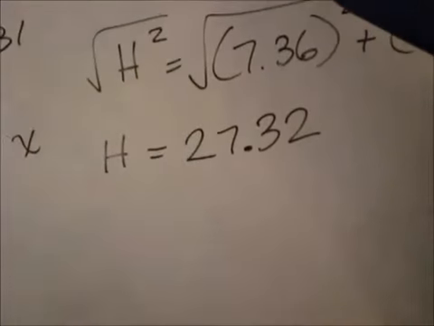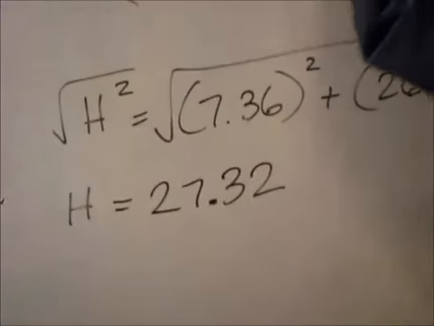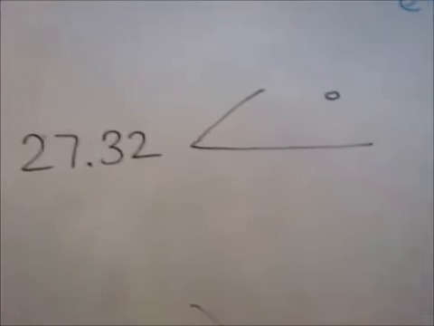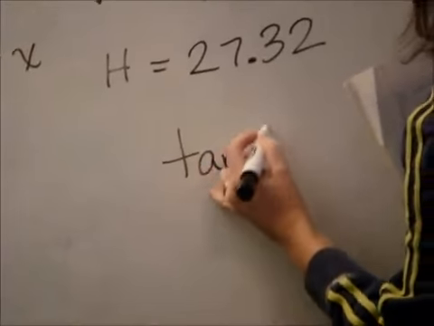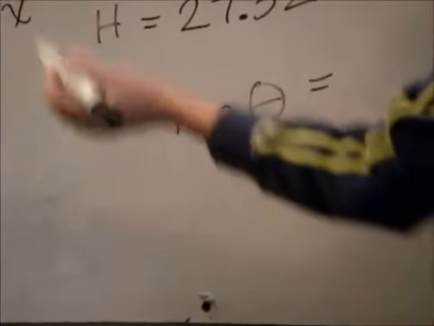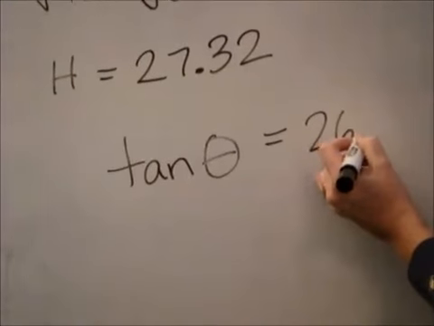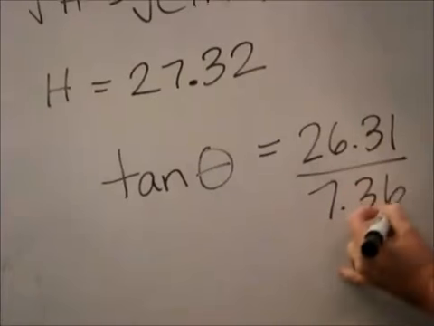If we're going to put our final answer, it's going to be 27.32, and then we need to put our angle in this little thing. So do you remember how you get your angle? We're going to get the tangent of theta equals opposite over adjacent. So it's going to be 26.31 over 7.36.